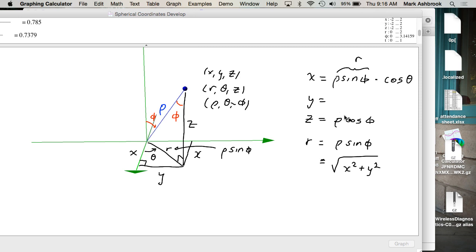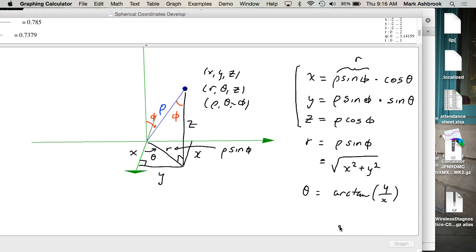And similarly, y is? It's easy now. Rho sine phi sine theta. So we've got our x, y, z. So theta we can write, we know, is arctan of y over x.